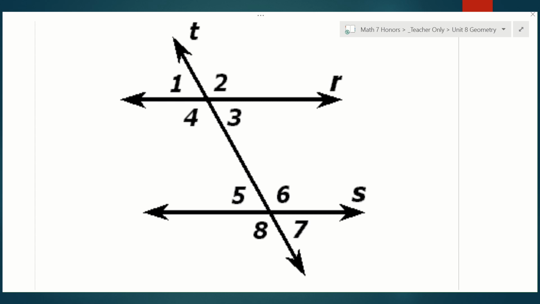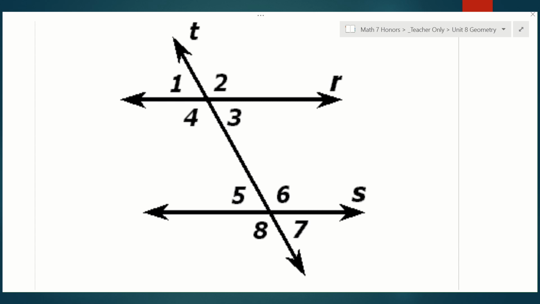The reason why this type of diagram is so important is because all of the angles that you see here are connected in some way. I want to point out that in a diagram like this, all of the acute angles, for example angle 1, angle 3, angle 5, and angle 7, are all the same exact angle measure.